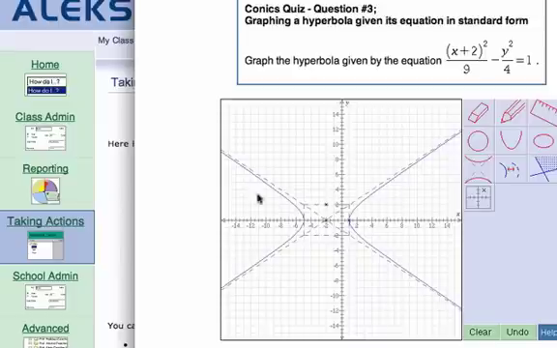You see these asymptotes here, and you see this little box that we would make. If you were graphing this on something that was not ALEKS, you would construct this box, make the asymptotes, and then sketch the little curves here and here. Let's look at another example.